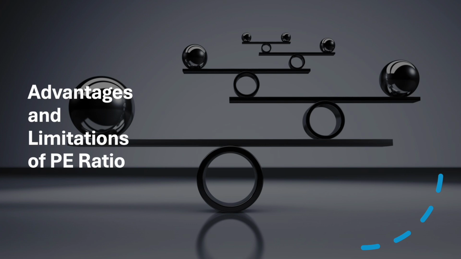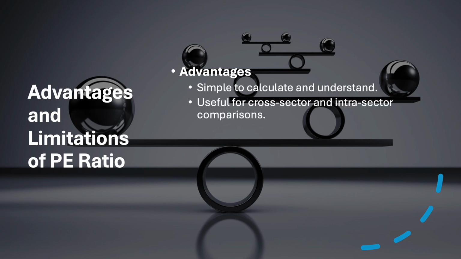Like every tool, it has its strength and weakness. First, the advantages. The PE ratio is incredibly simple to calculate and easy to understand, thus making it a go-to metric for beginners. Plus, it's useful for comparison across sectors and industries, helping investors identify opportunities.